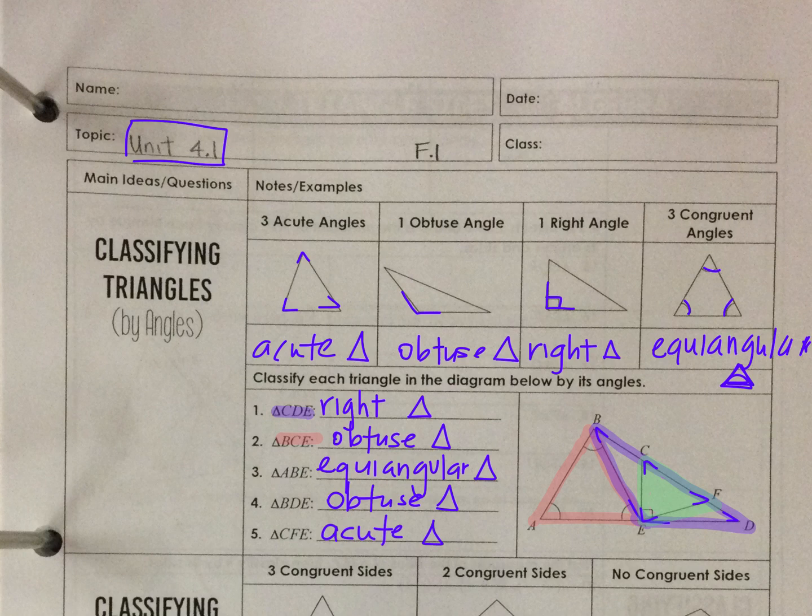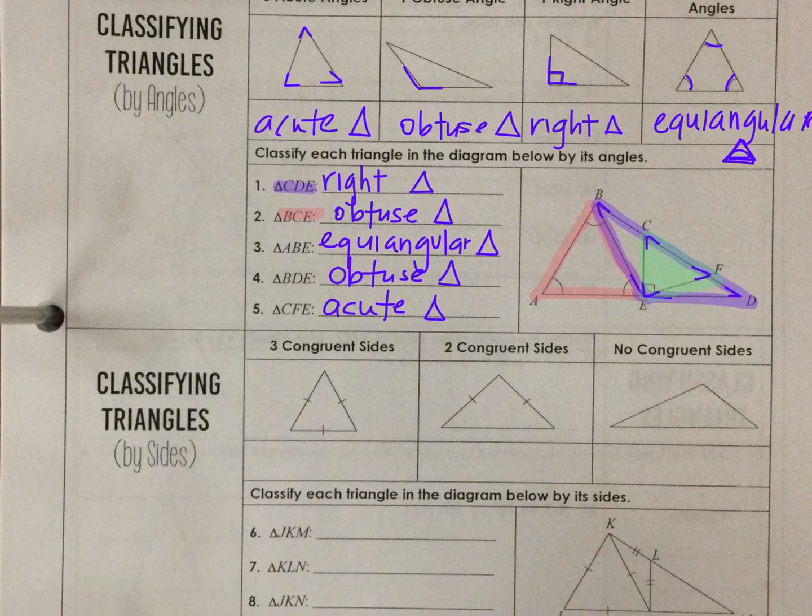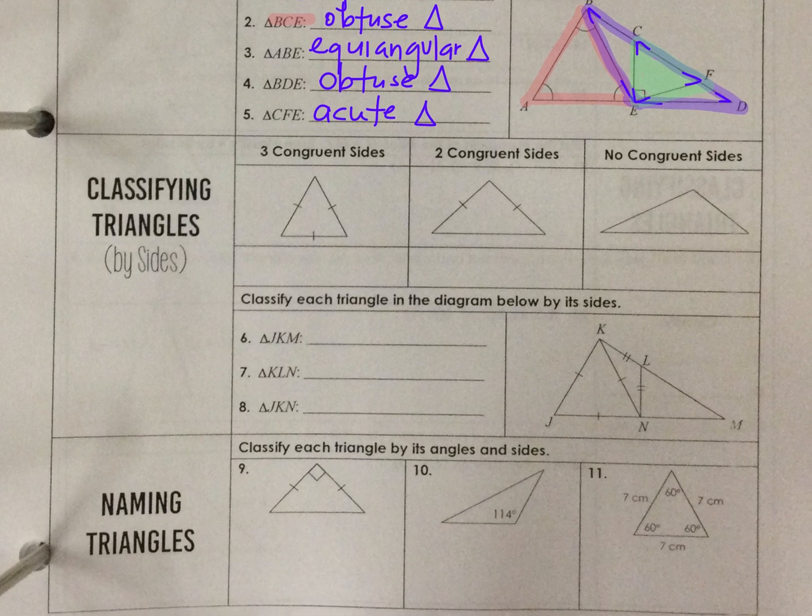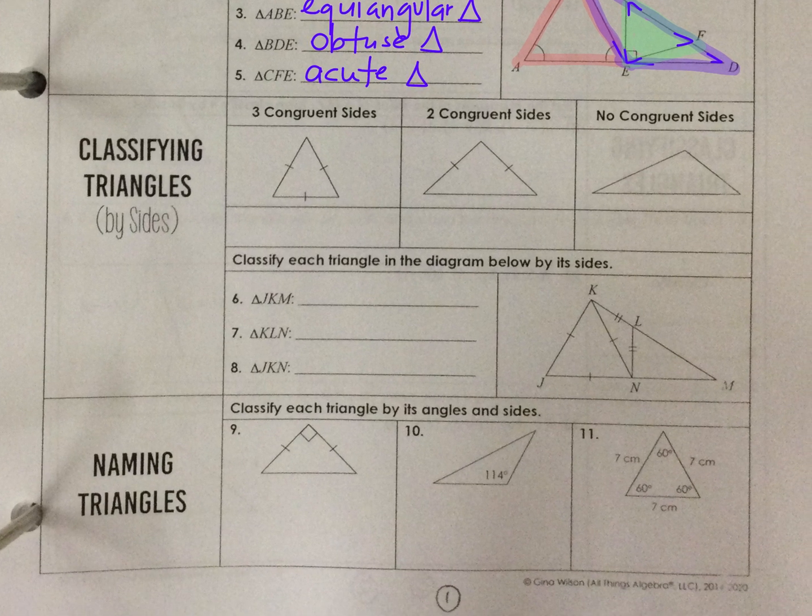So those are the ways we label a triangle when we want to talk about its angles. Now I want to talk about its sides. When I have a triangle with these marks, they tell me the sides are the same length. If I took that triangle apart and lined it up like sticks, they'd all be the same exact length.